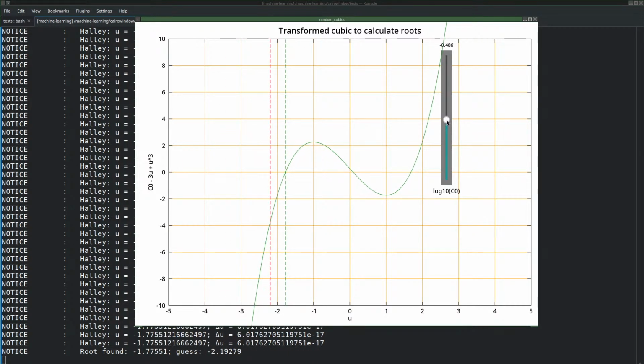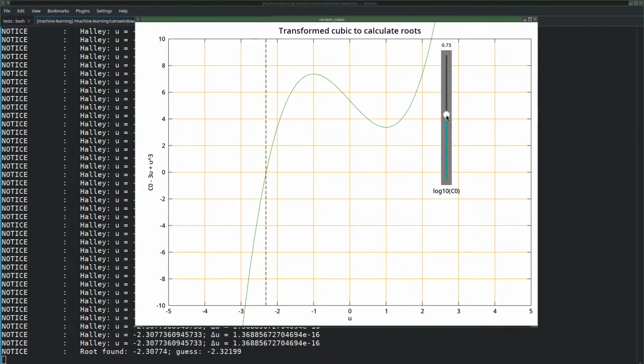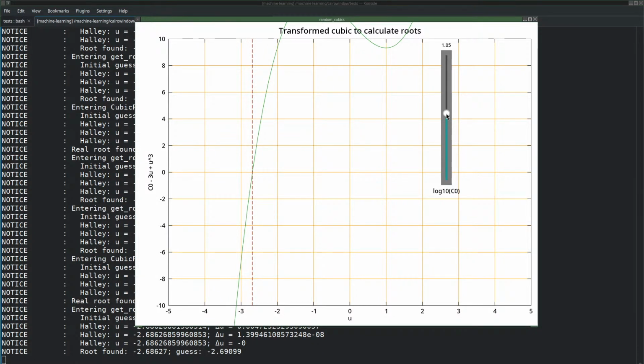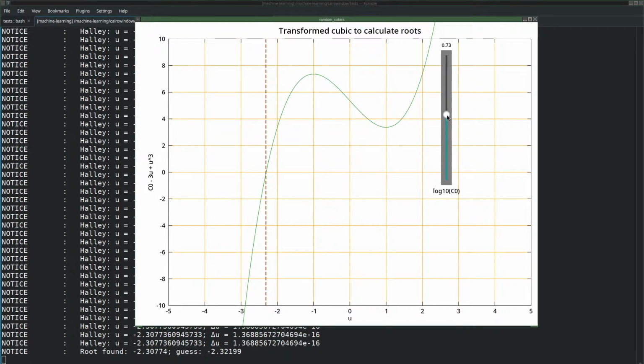Anything after, let's say, this point is good enough. But it's still log 10. So this would be already 10. If C0 is larger than 10, then it's spot on. I think that the thing was about around 4.